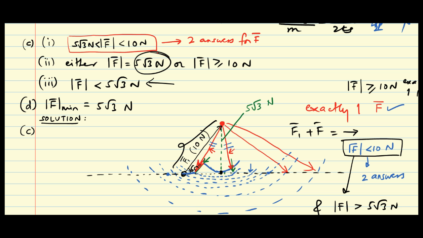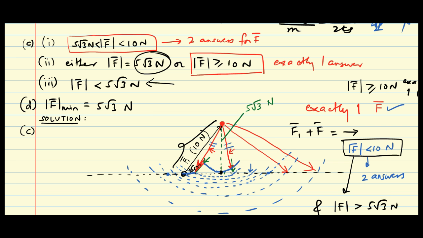On the other hand, what we have proved earlier is that when mod of f bar is greater than or equal to 10 newtons, we get exactly one answer, because the other answer is ruled out. It gives a leftward resultant.